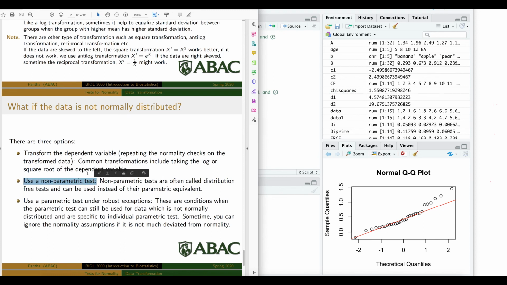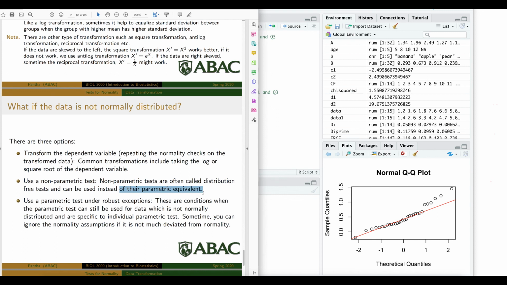Non-parametric tests are often called distribution free tests and can be used instead of parametric tests. They are basically used for data sets that violate normality.